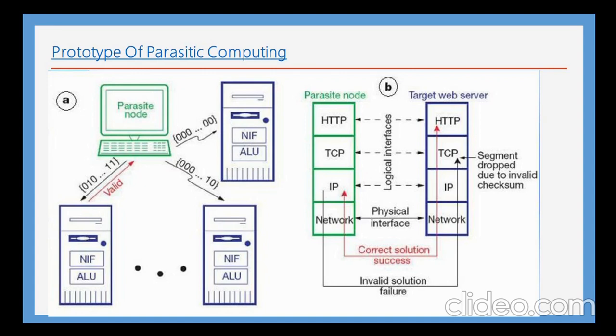Through IP, if the packet is correct, it is validated by TCP. If the packet is correct, it pushes to HTTP. So you can see with the red arrow, correct solution, success. It means from IP to TCP, first it validates the packet and then it pushes to HTTP. In the second case, TCP drops the parasitic node packets because the boolean value is false.